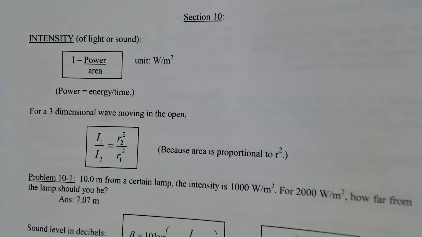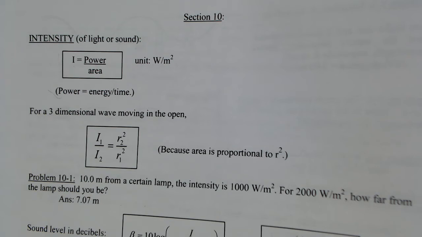The problem with measuring in watts per square meter is just that there is such a range. From the faintest sound you can just barely hear to the loudest sound that you can stand without wanting to put your hands over your ears, you're talking about roughly a factor of 1 trillion. The threshold of hearing is around 10 to the minus 12 watts per square meter.